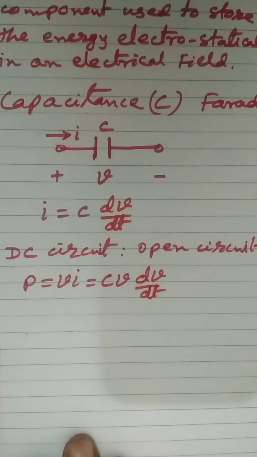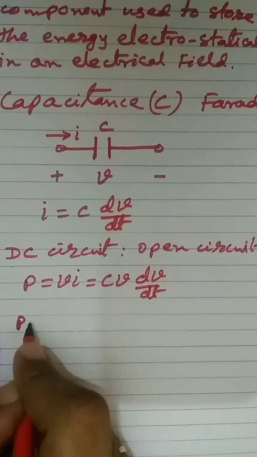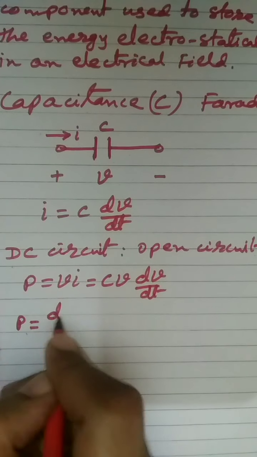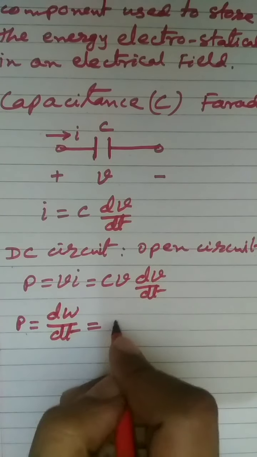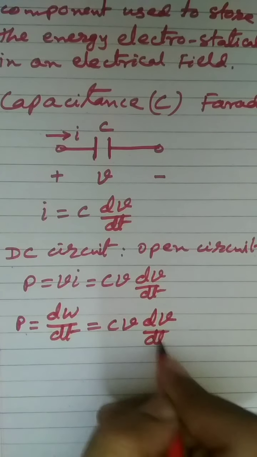As the energy is stored as a static charges, that can be also derived. As we know, power P is the rate of change of energy, and this is equal to CV dV by dt.